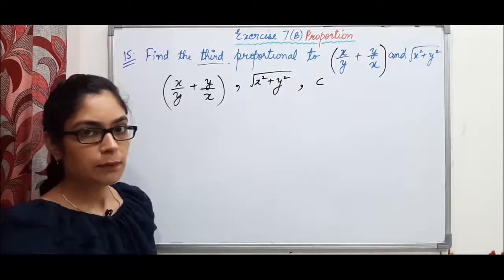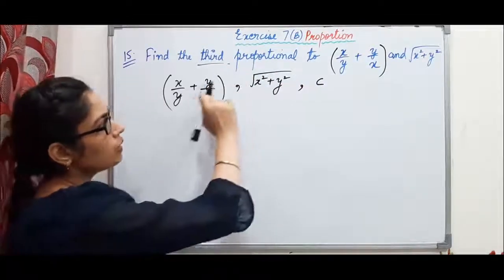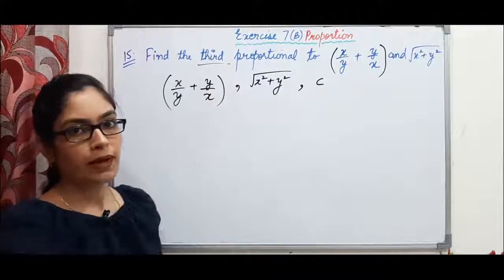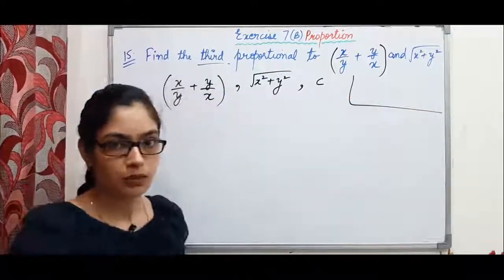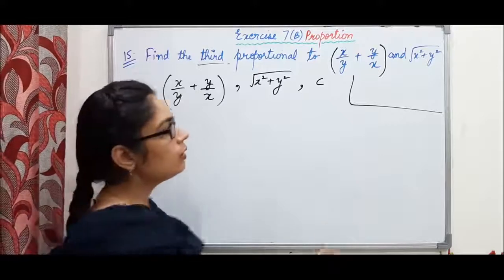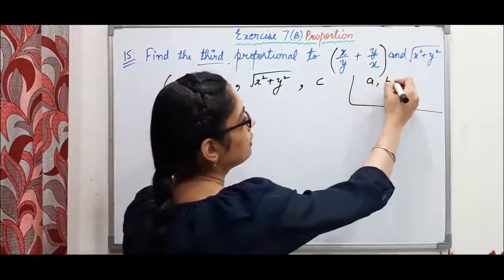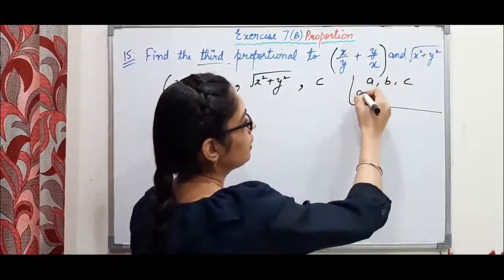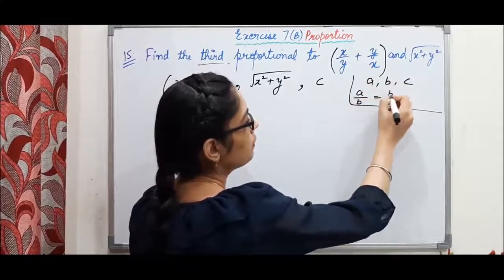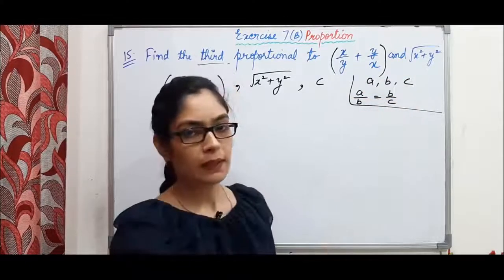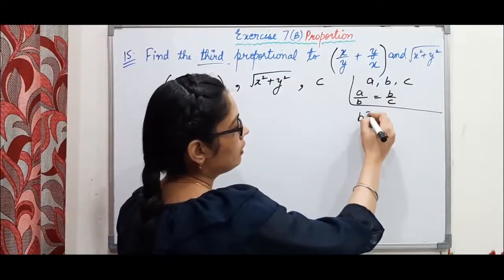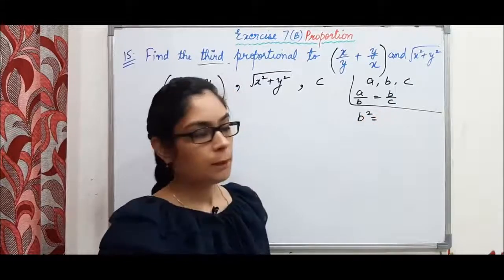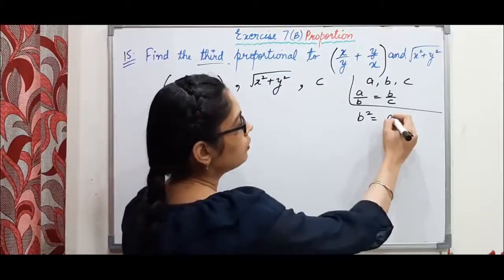Whenever three proportions are there, these three quantities make a continuous proportion. In continued proportion, we know the three quantities are such that a by b is equal to b by c, or a is to b is equal to b is to c. We know the direct relation between them also: b square is equal to ac.